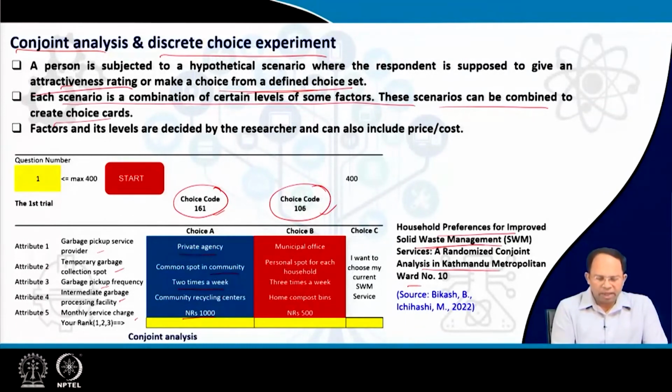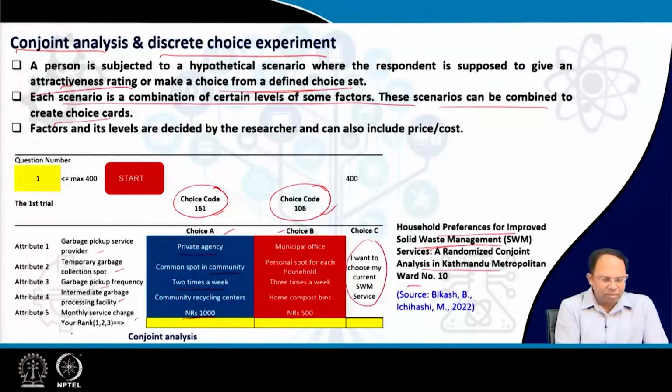Similarly, in choice B, the amount is 500, the intermediate processing is at home compost bins, and 3 times a week is the collection frequency, and so on. So these are 2 choices given to the people, and the third choice is whatever the current situation is, right?